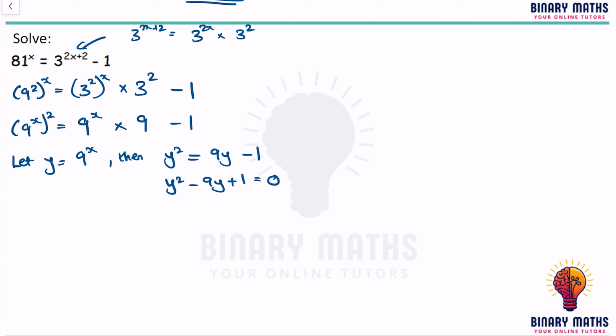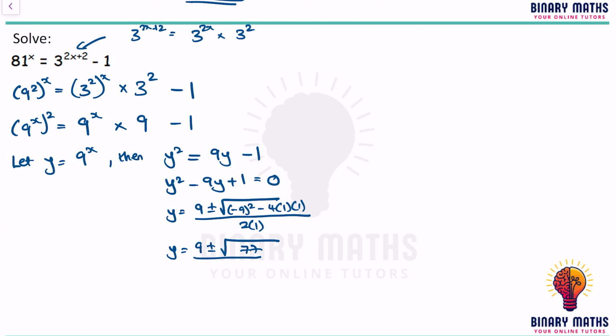So y is equal to minus b, which is equal to 9, plus or minus the square root of b squared, which is 9 squared minus 4 times 1 times 1, all over 2 times 1, which means y is equal to 9 plus or minus the square root of 81 take away 4, which is 77, over 2.